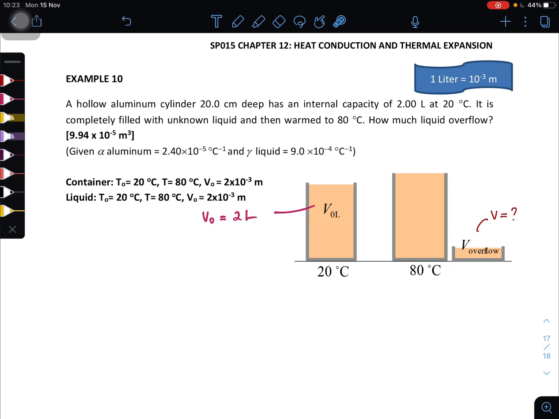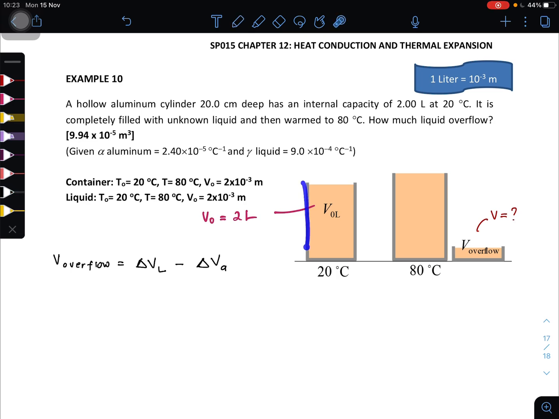Maksudnya liquid ni dia akan expand lebih cepat berbanding solid. So here, if we want to find the volume for the overflow, we need to find the change in volume for the liquid, minus the change in volume for the aluminium.